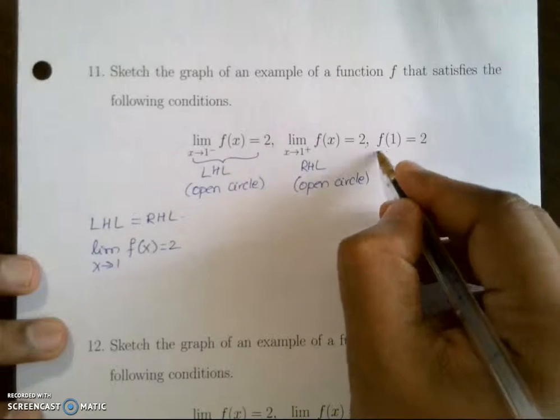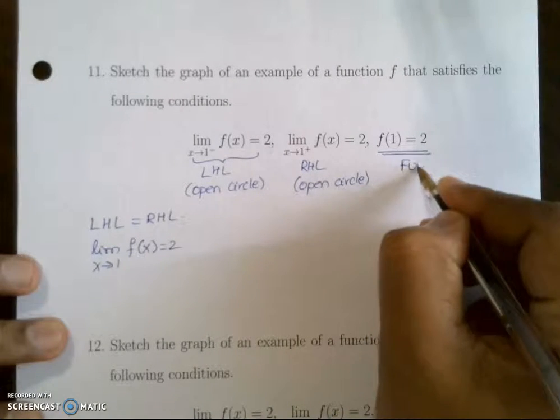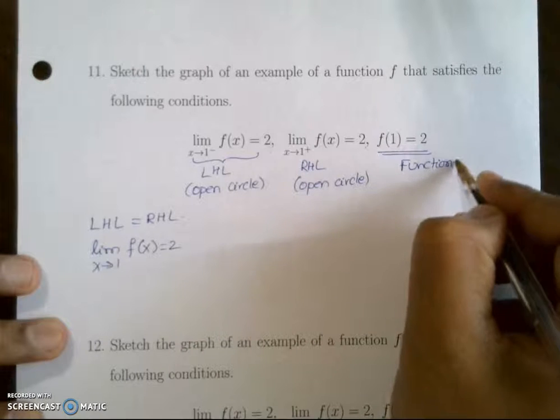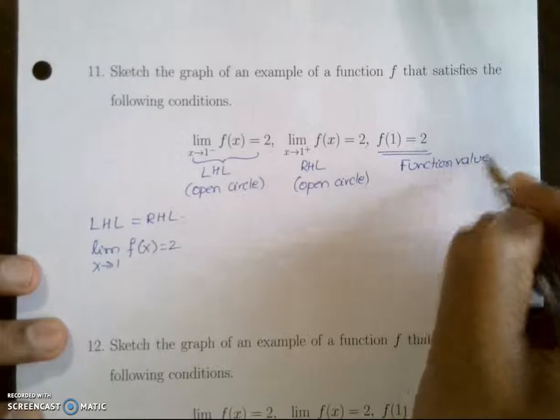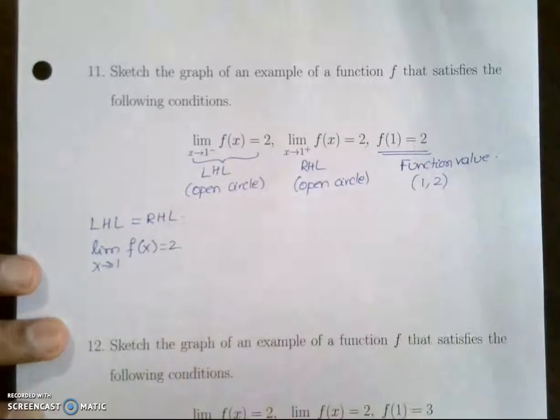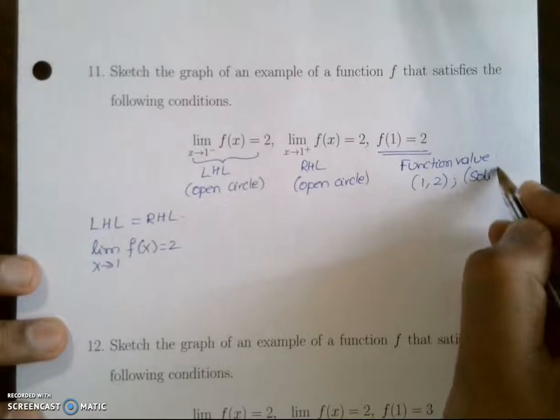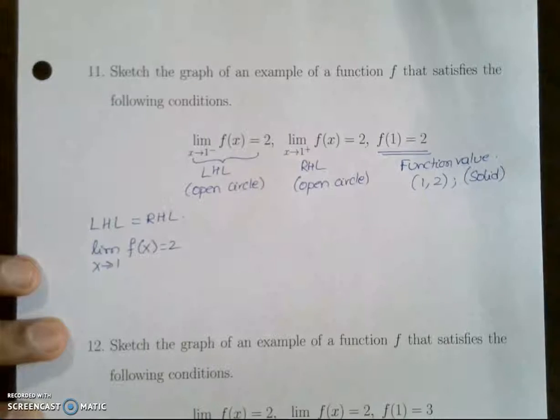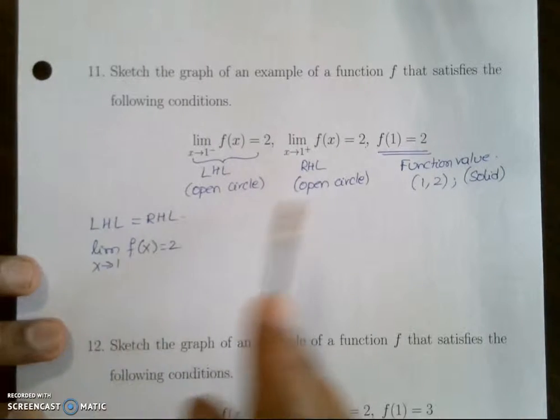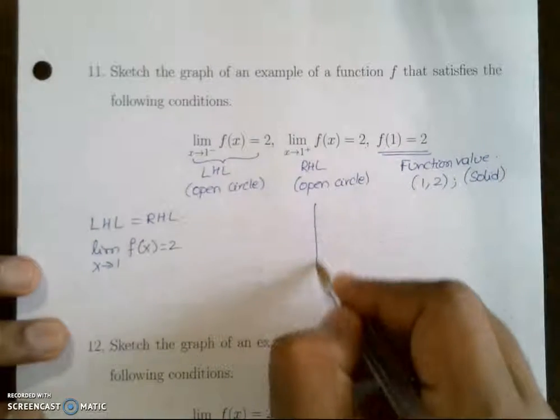And this is the function value here. Again, function value is represented by the ordered pair when x is 1, y is 2, and is represented by a solid. Now there are again several possibilities to sketch the graph satisfying this information, but let's just go with one of the possibilities.